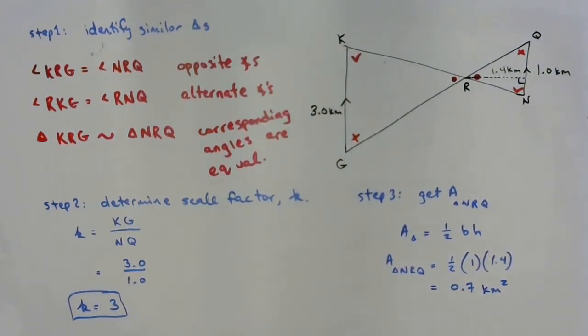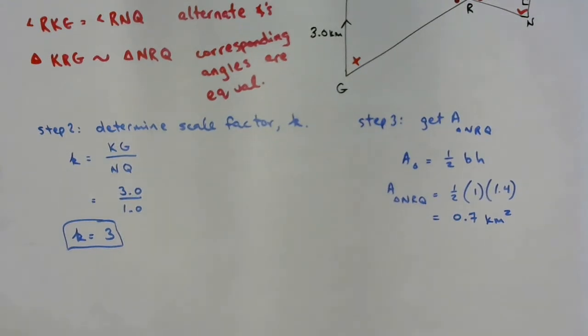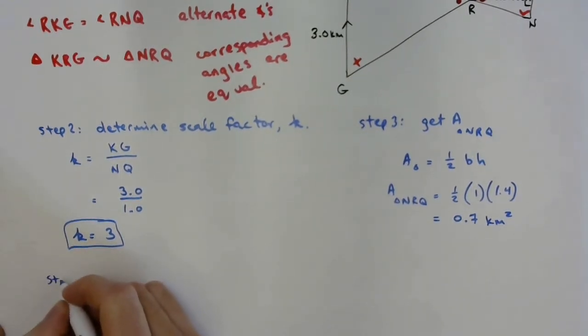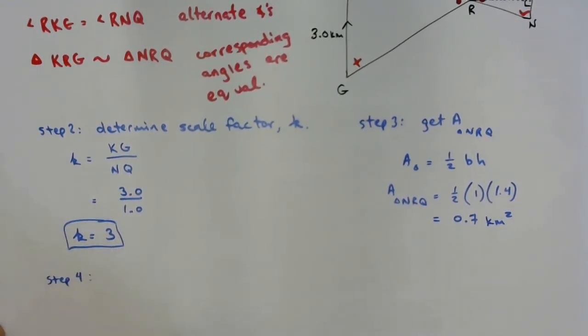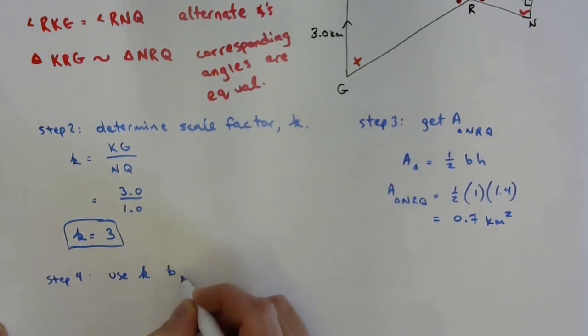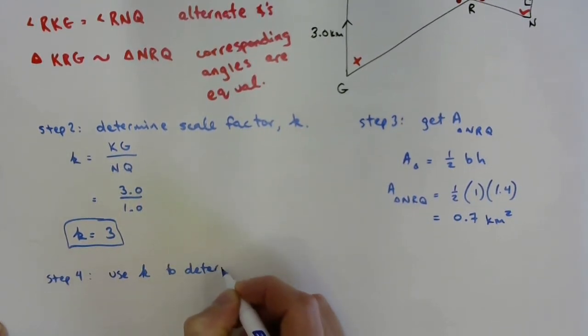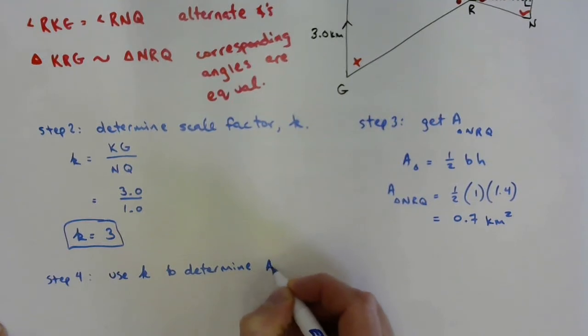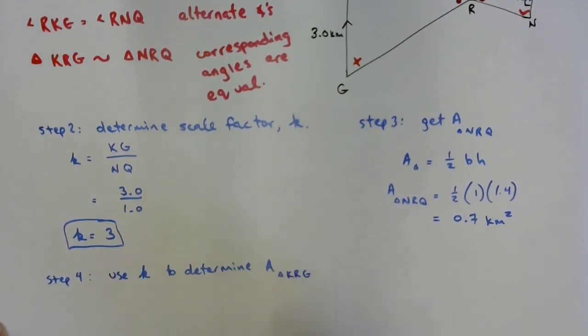Okay, last step is to use our scale factor to determine the area of the industrial zone, that larger triangle. Step 4. You don't need to write step 1, step 2, step 3, step 4 when you're doing your own practice problems. Use K to determine area of triangle KRG.